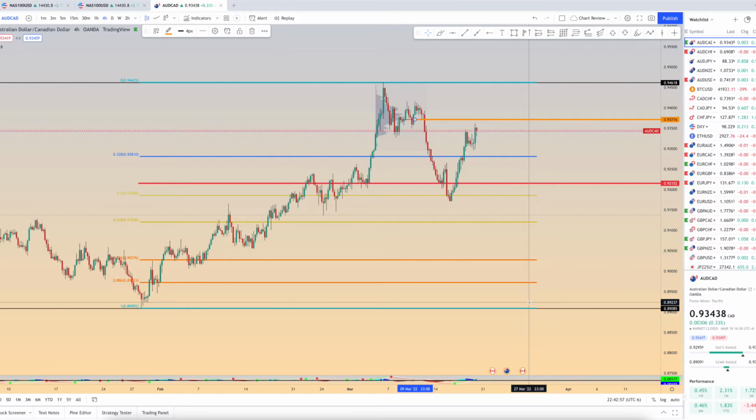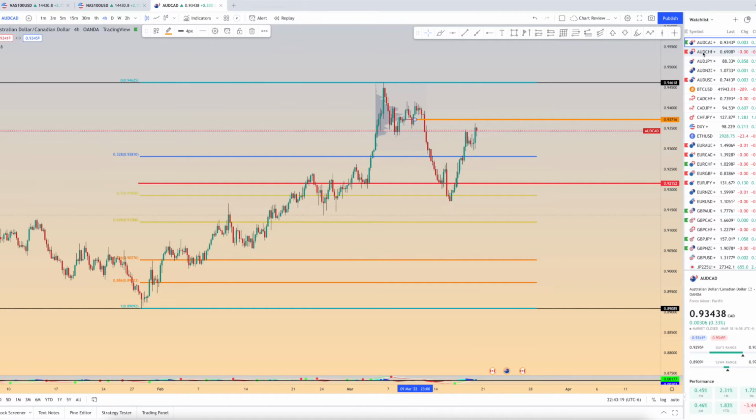AUD/CAD, if the Canadian dollar's interest rates are raised in April, we're definitely going to be seeing a run to the downside, right? Australia is not going to be raising their rates, from what they said, for the next 2 quarters until their inflation rate stabilizes.